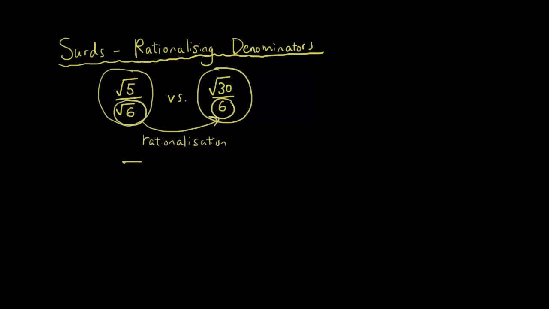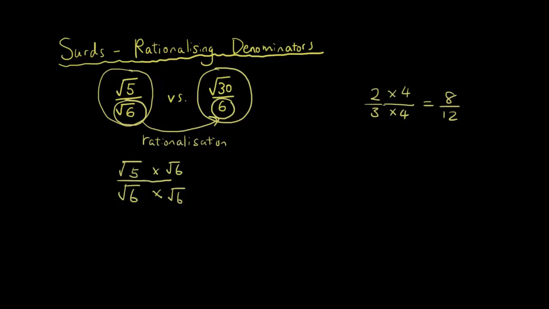If you look at the first fraction, which is square root of 5 over square root of 6, in fractions you can multiply both the top and the bottom by the same number and the fraction will stay equal. For example, say we had 2 over 3. If you multiply both the top and the bottom by 4, you get 8 over 12, which is the same as 2 over 3.